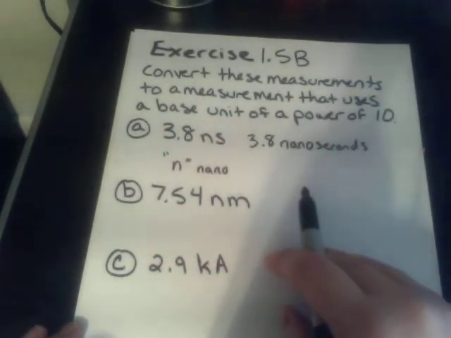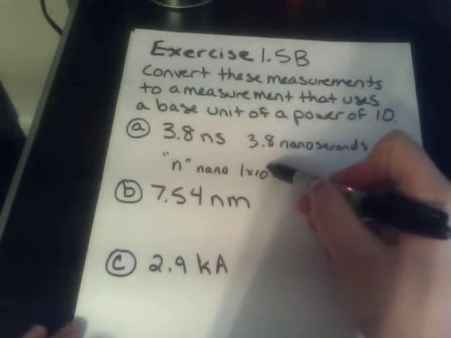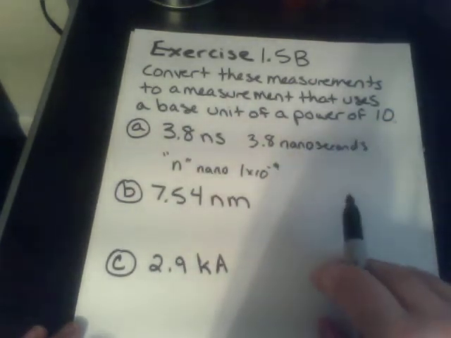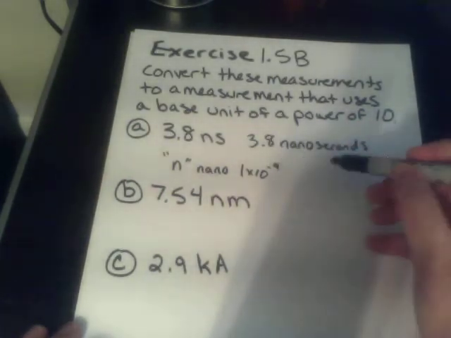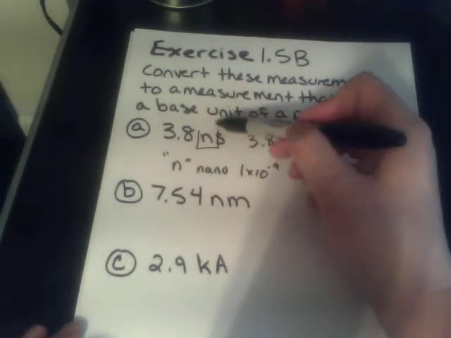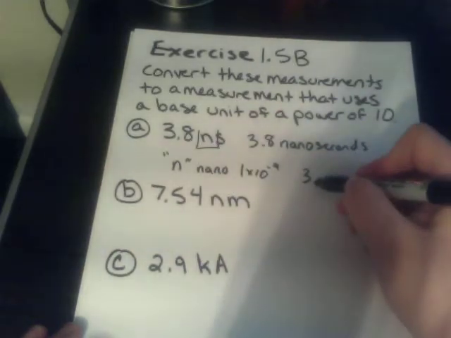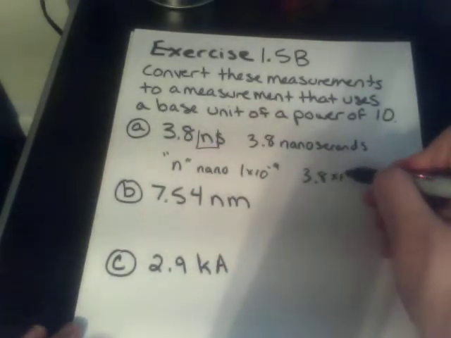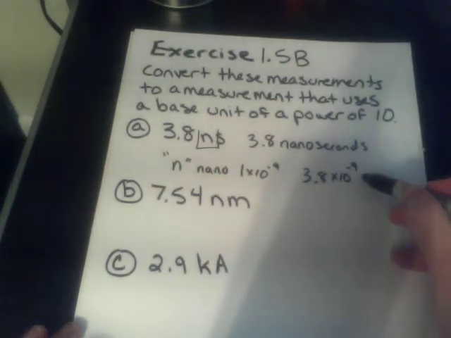And if you look at the chart, nano is 1 times 10 to the negative 9. That's a negative 9. Sorry, I'm writing kind of small. So then all you would write is 3 point, and so that would replace what? This part, the n. So it'd be 3.8 times 10 to the negative 9 seconds.